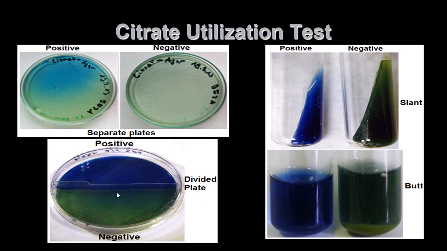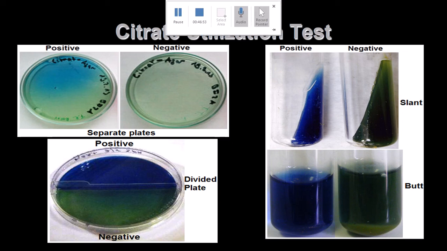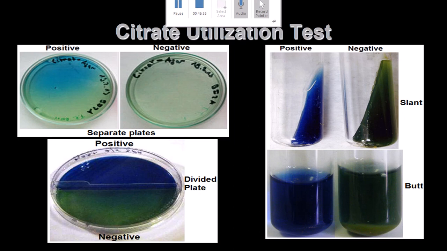If the citrate is utilized, it's going to give you a deep blue color compared to the normal color. If it is not utilized, then it will stay as it is. So remember that growth or change of color to deep blue means citrate is utilized, as simple as that.